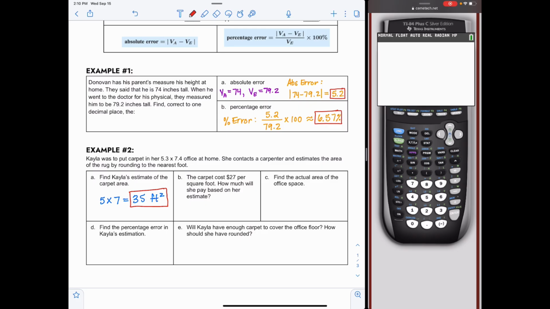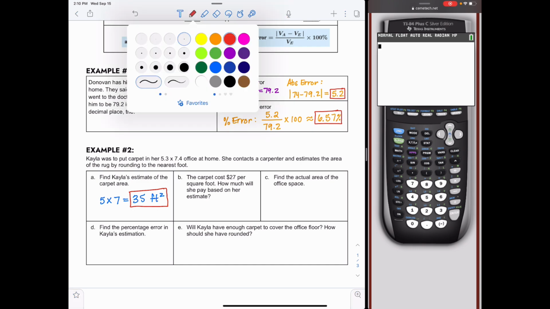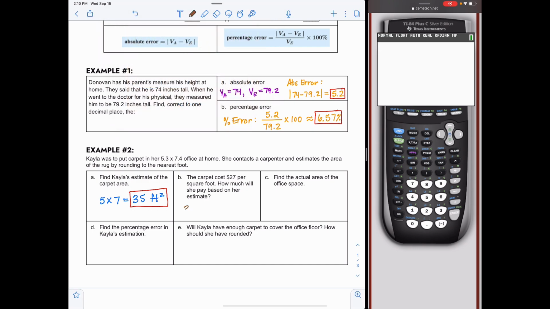It says the carpet costs $27 per square foot. How much will she pay based on her estimate? All we have to do here is take 35 square feet and multiply it by 27, and 35 times 27 is $945.